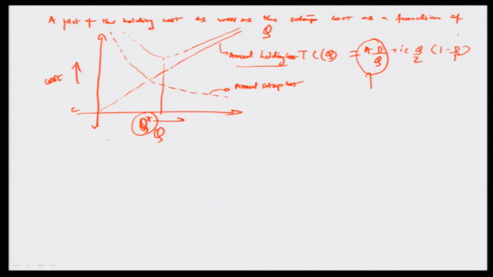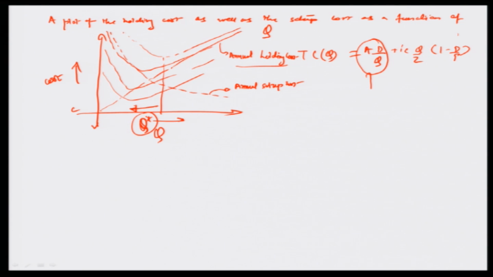Obviously, if I were to pull this back, or create a situation where these total costs come down more and more, the Q would shift to the left, which would try to reduce the overall cost.